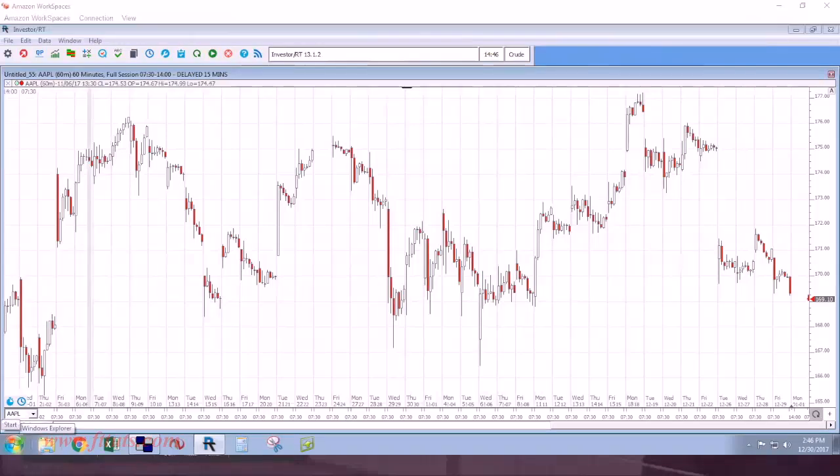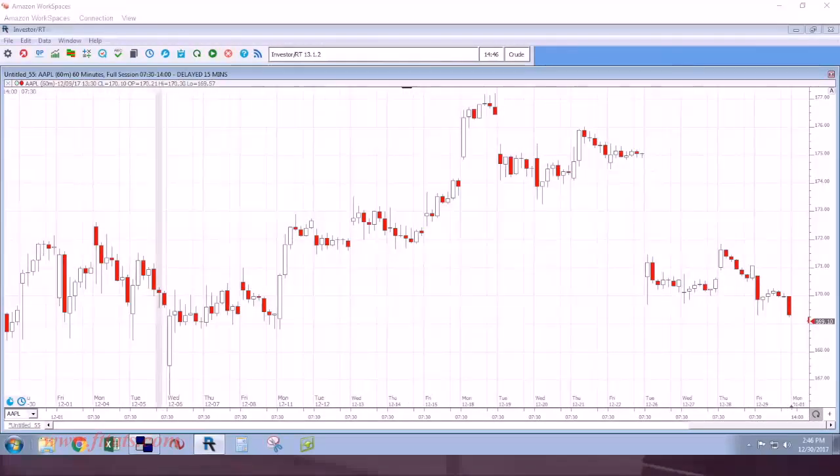Now, there are lots of different types of charts that you can use. These are what are called Japanese candles, and just as a refresher on what's going on here, each one of these represents 60 minutes of time. And they have 4 things to know.